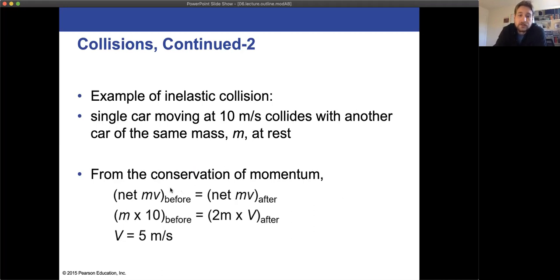Beforehand and afterhand. Before the collision, one car is moving with a velocity of 10. After the collision, two cars are moving with some new velocity, which, if we cancel the mass on both sides, we can solve for the velocity after the collision by dividing both sides by 2 and ending up with 5.